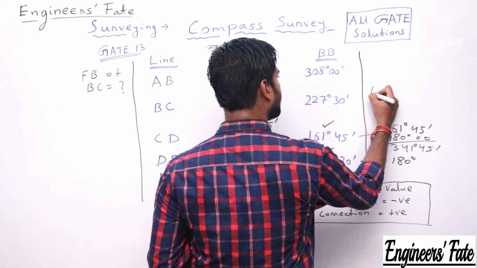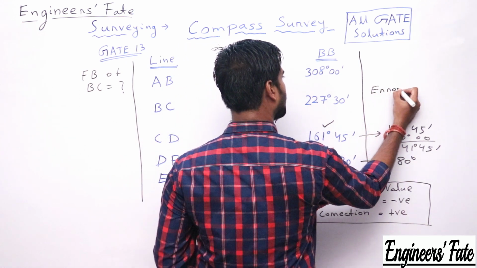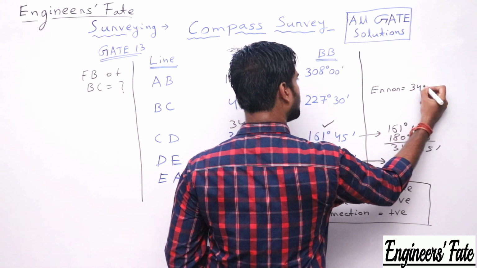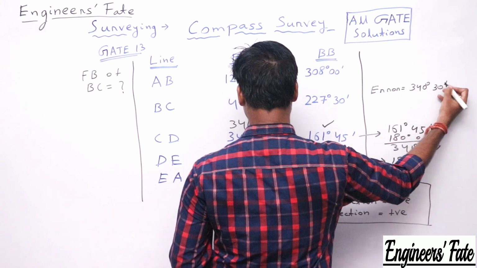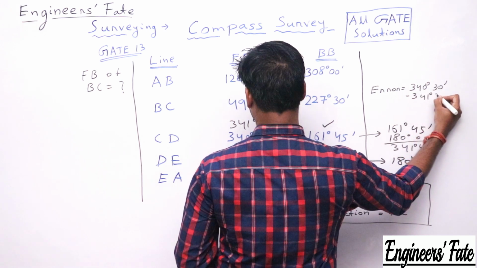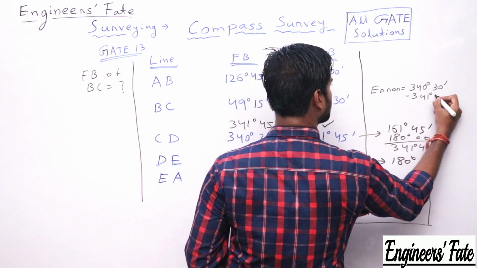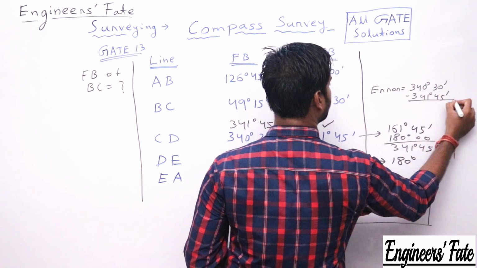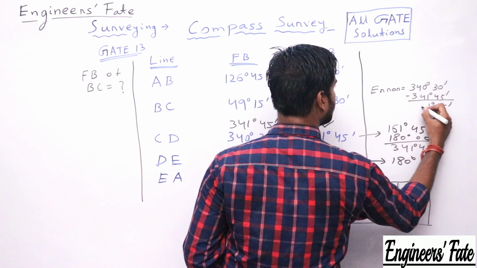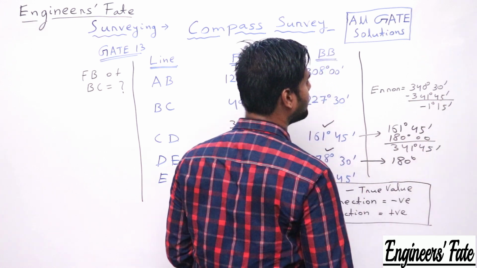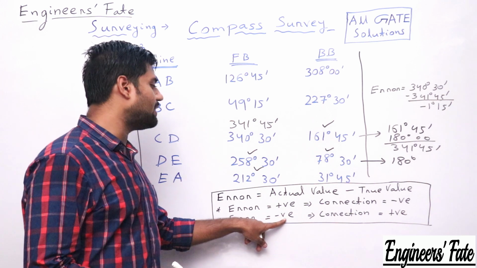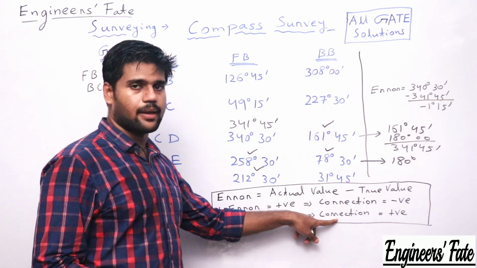So what will be the error? Error is 340 degree 30 minute minus 341 degree 45 minute. If you subtract, you get negative 1 degree 15 minute. So the error is negative, which means the correction should be positive.